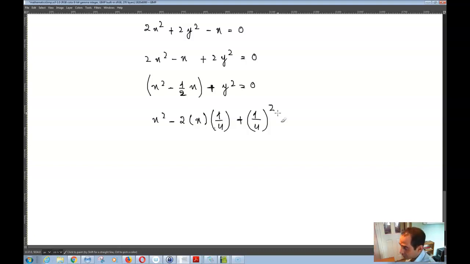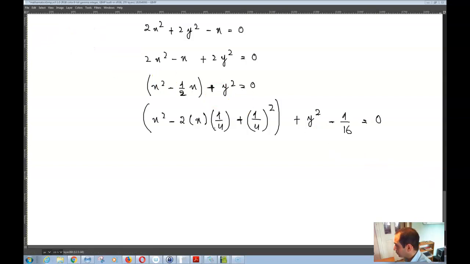And since I have added this 1/4 squared, I have to subtract it. So I have to write in the end negative 1/16. So this is basically the first part. And then over here I have a y squared, and then negative 1/16 is equal to 0.